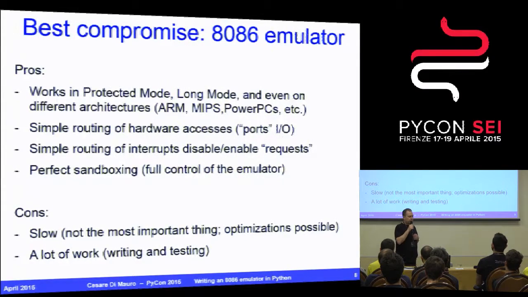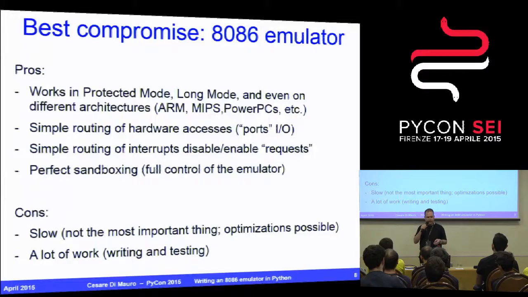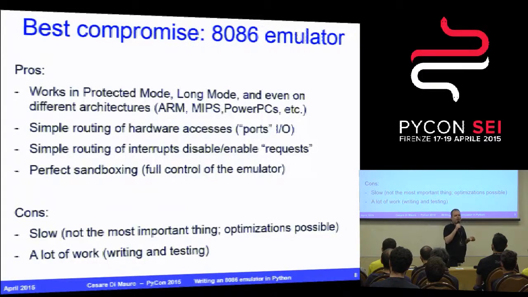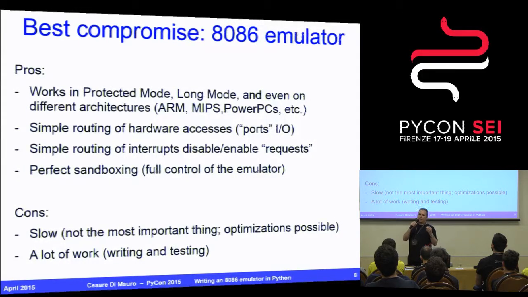This emulator has a lot of pros because it can work in whatever mode. It can also work on any architecture because you can implement it also for ARM, for MIPS, PowerPC, and so on. With this emulator, you can also route any hardware access to the controlling OS, and if the emulator tries to disable or enable interrupts, it can be forwarded to the host OS.